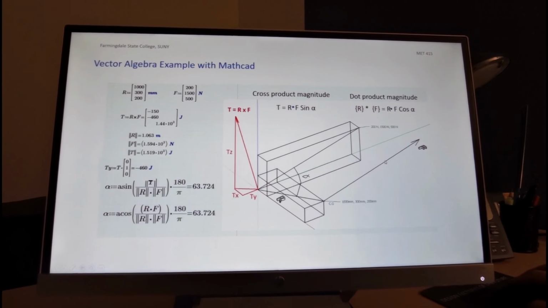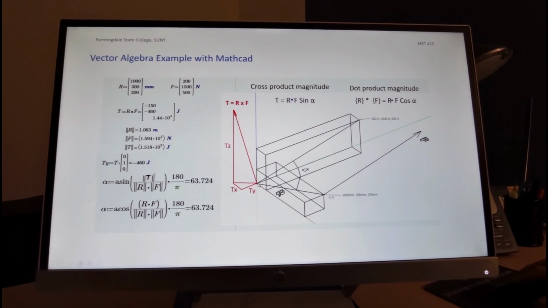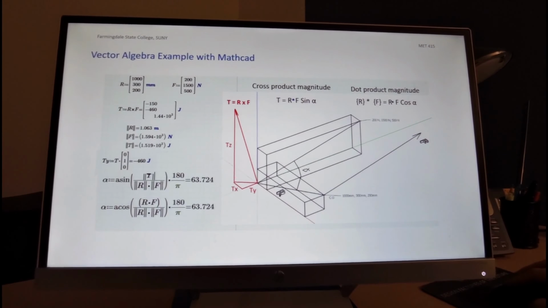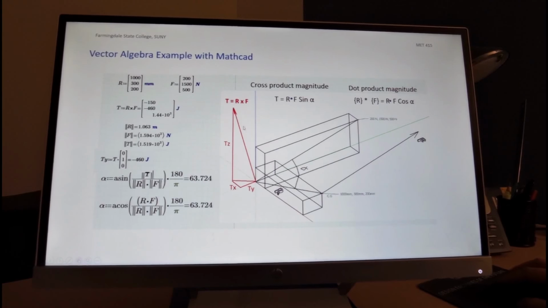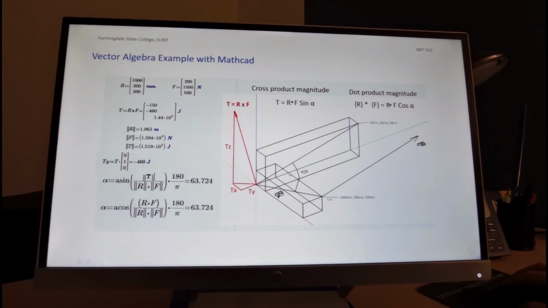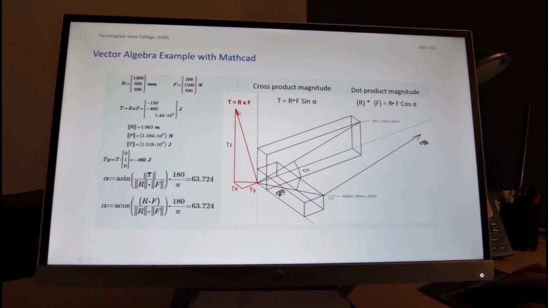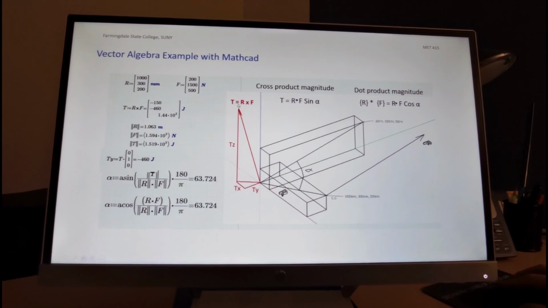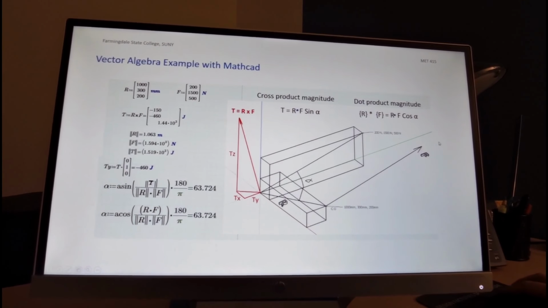To find the cross product, we translate this force to the origin of R, and the cross product will be the vector which is perpendicular to both and oriented as a right-hand screw will advance. And it is shown right here as a torque which is equal to the cross product of R and F.